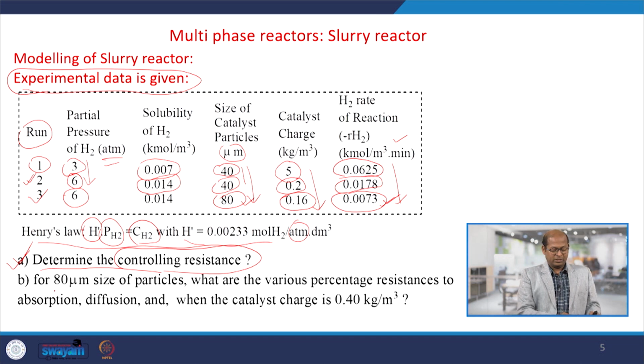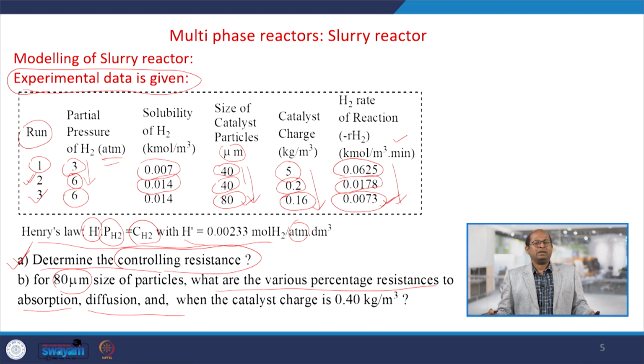And number 2: if we use 80 micron particle size, what are the percentage resistances of the individual absorption and diffusion steps once we have charged 0.4 kg per meter cube of the catalyst.